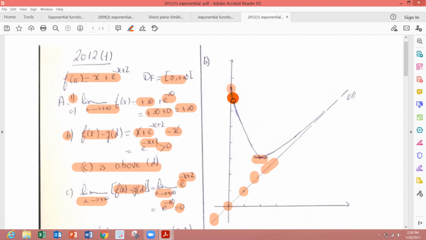It decreases to the minimum. Then it goes to plus infinity. It is above the oblique asymptote. Any questions about the drawing? No.